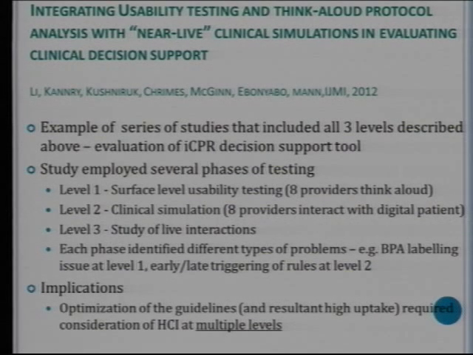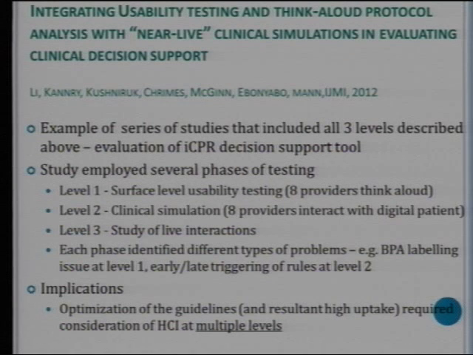It was called the ICPR Decision Support Tool. It was evidence-based guidelines to be incorporated into a major vendor product in the hospital. And we were looking at how to increase the actual adoption of guidelines at the end of the day. There was actually a clinical controlled trial, but we wanted to see how usability could be applied. So we said, let's look at this from multiple levels.